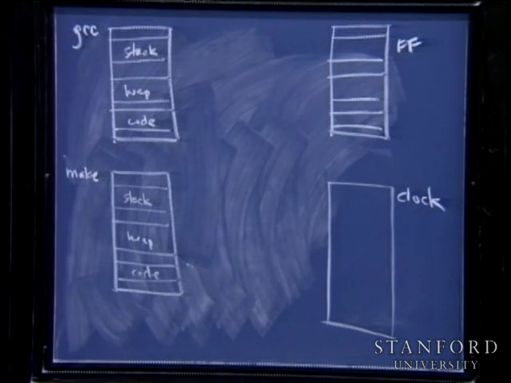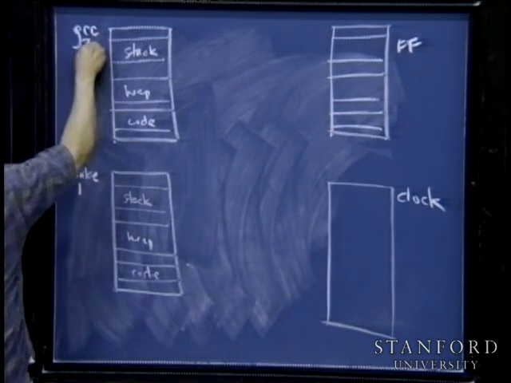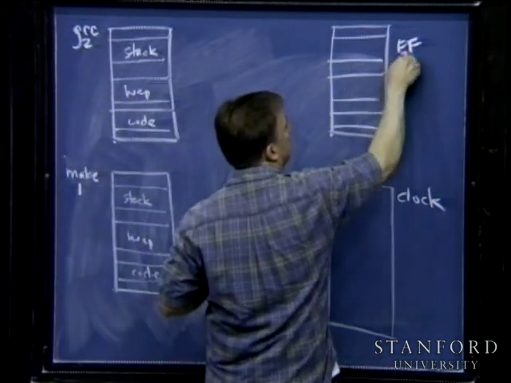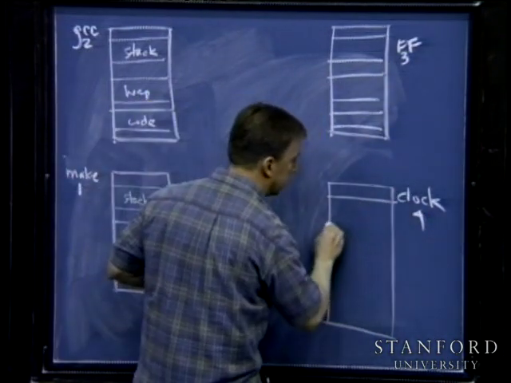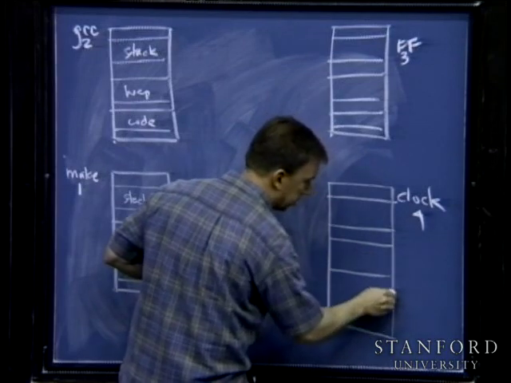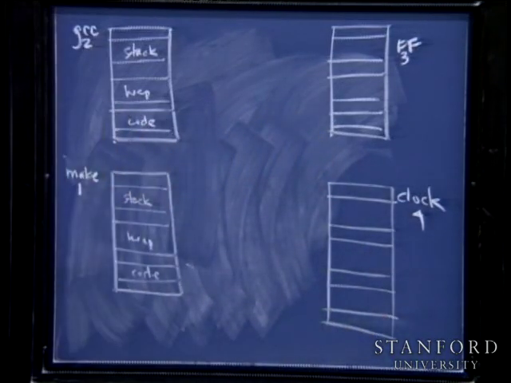Those are 4 virtual address spaces that all seem to be active at the same time. I'm going to call this process 1, process 2, process 3, and I'll call this process 4. When I draw these little bands of segments right here, these segments is what they're called, they're all assuming that they have as much room to stretch out to make the stack as big as necessary, the heap as big as necessary to meet the demands of the program.